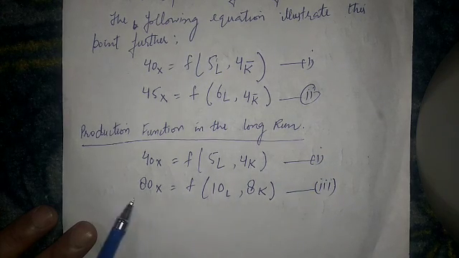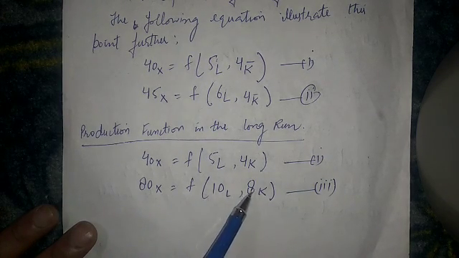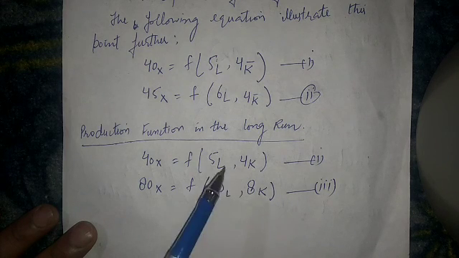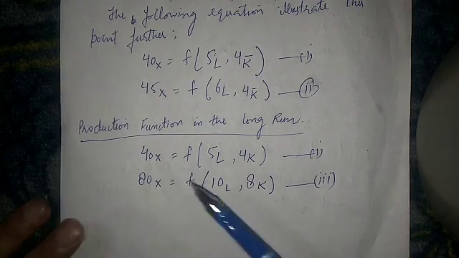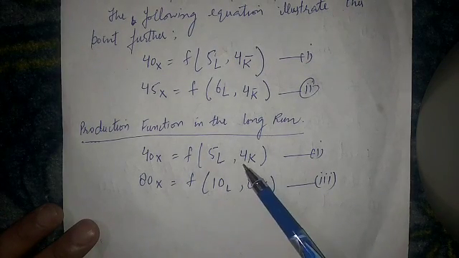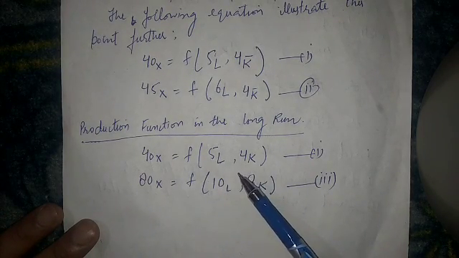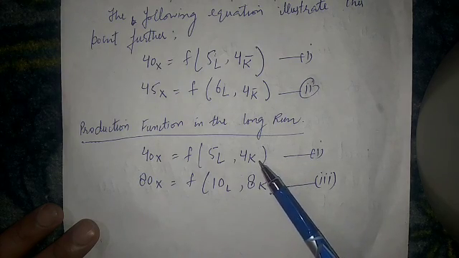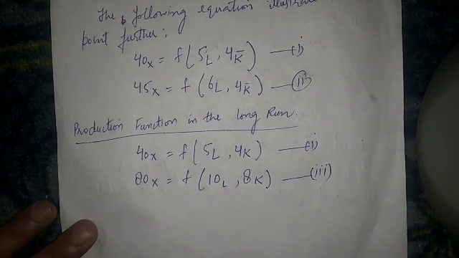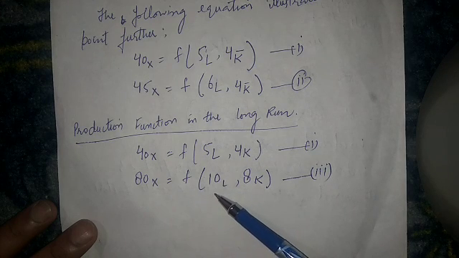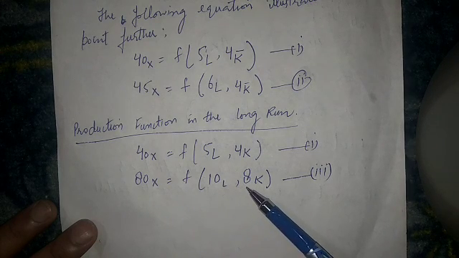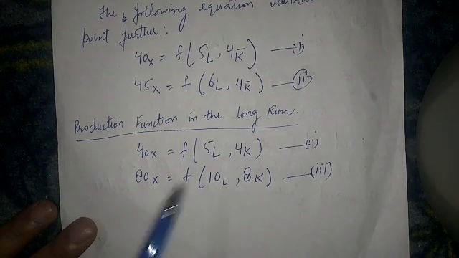and the third equation, 80x is the function of 10L and 8K. That's equation third. You see, the ratio of 5L to 4K in equation first is the same as the ratio of 10L and 8K in equation third.